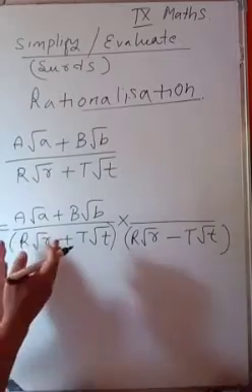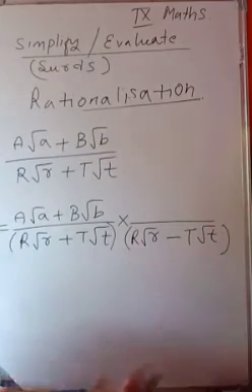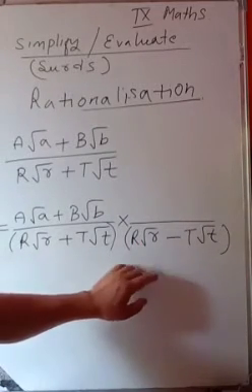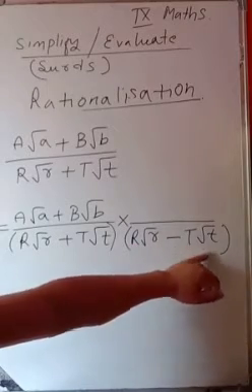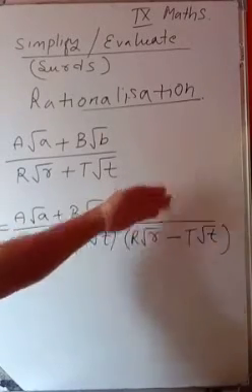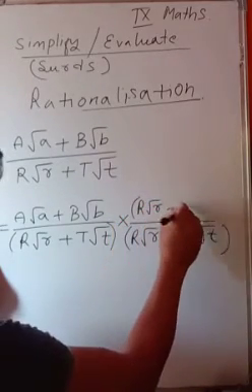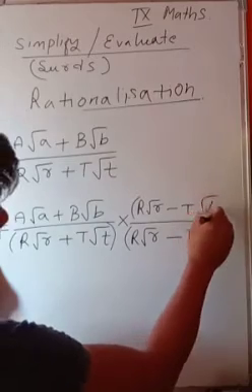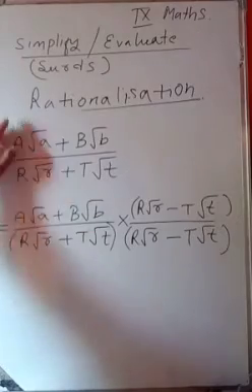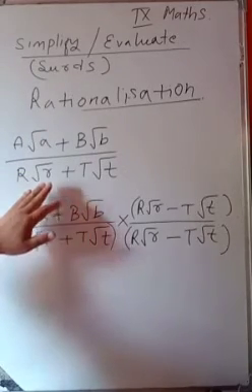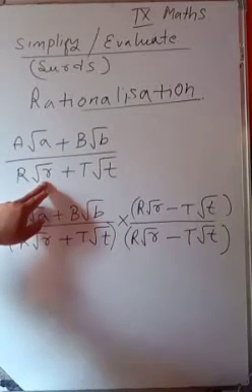Bracket means this is a single number, and you multiply this whole number by another whole number, r root r minus t root t. Now write the same number in the numerator also. So this is the formula for how to rationalize. Rationalize means how to remove the surds, or the square roots, from the denominator.